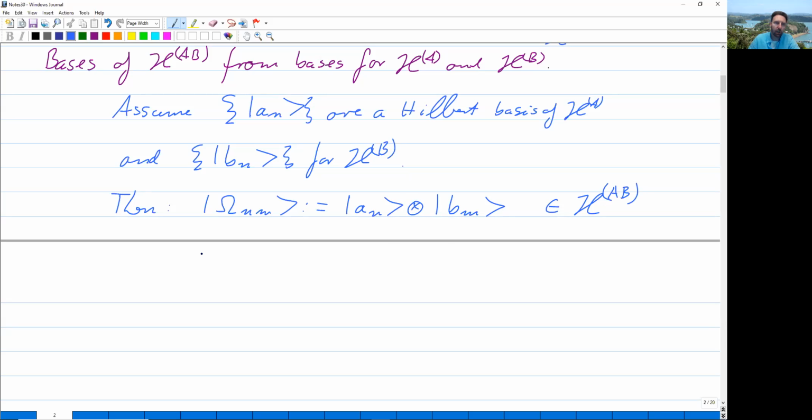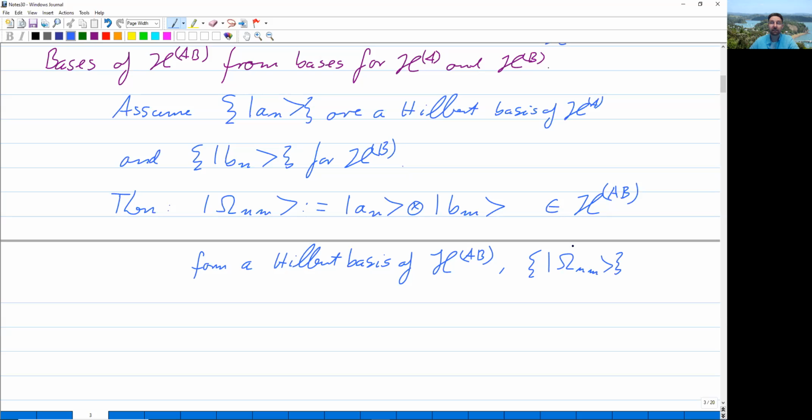Then these form a Hilbert basis of H AB. And of course, we will write it as omega n m. Notice that curiously, this Hilbert basis can be enumerated, right? Can be counted.